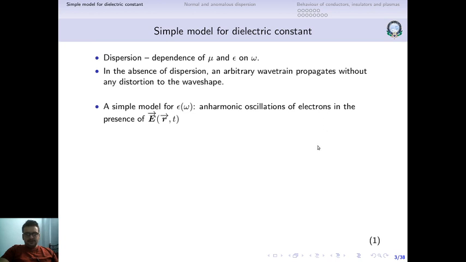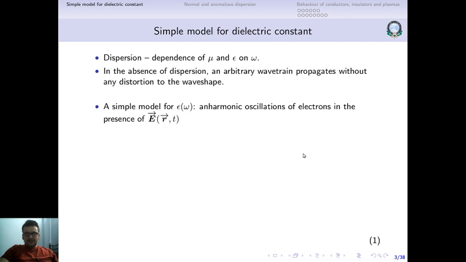If I have a medium, that medium consists of lots of electrons, and these electrons are going to respond to the presence of an external electric field. That response will be in the form of anharmonic oscillations. Why anharmonic? Because electrons are basically bound to the lattice, and if an external field comes, it tries to displace them from their respective positions, and there's going to be a restoring force, which brings about oscillations in the system.